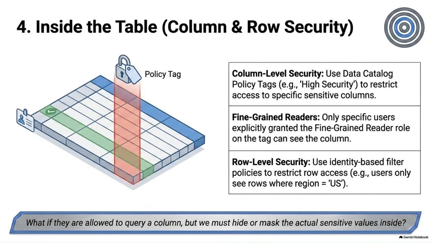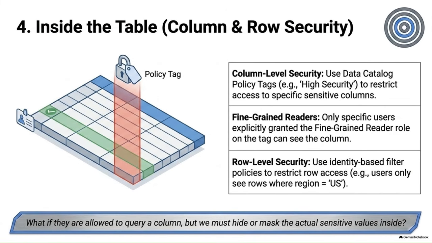You can say that this particular column has a policy which is high security, to restrict access to specific sensitive columns, so that it will always be masked, or you are actually not showing that particular column to someone.